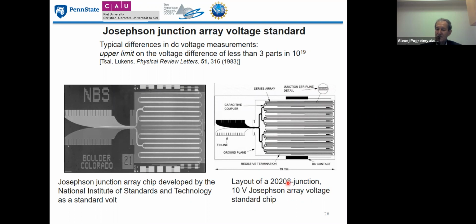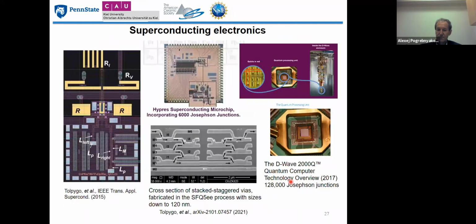Why such a large number of junctions? Because the voltage drop on each particular junction is very small. So to get a 10 volt drop, we have to have arrays of junctions.